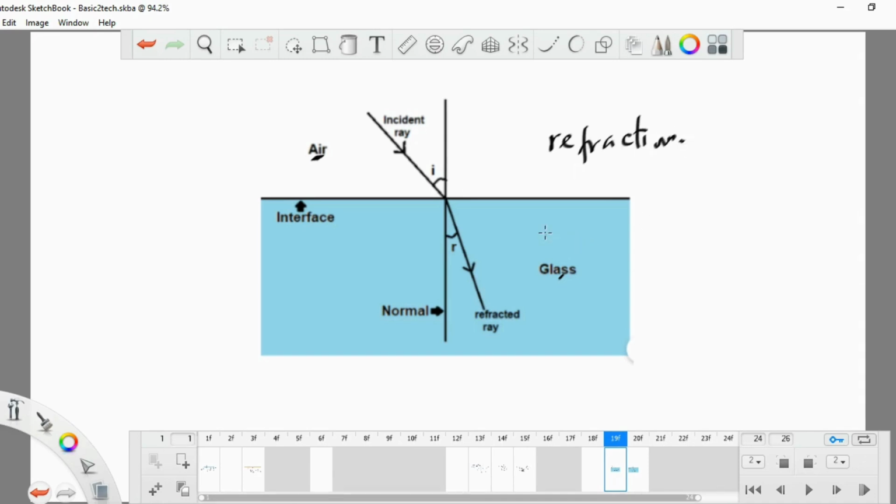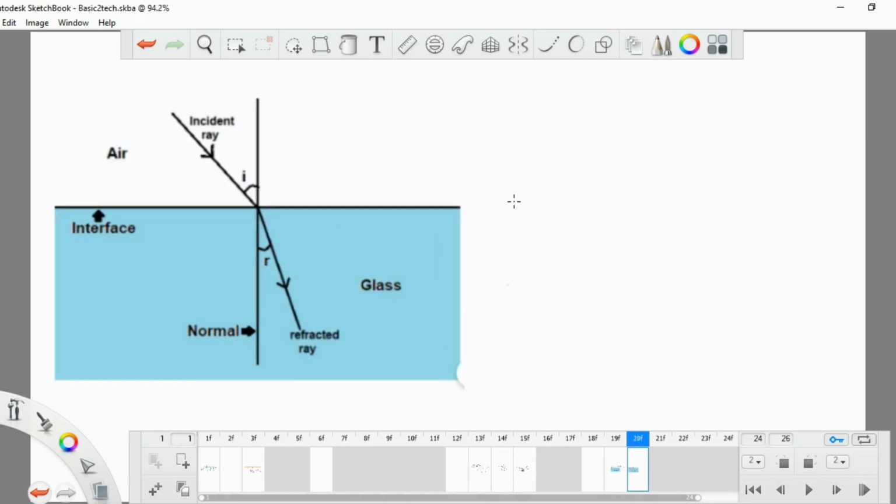The rule that governs it is called Snell's law. Now, Snell's law states that n1 sine theta 1 is equal to n2 sine theta 2.